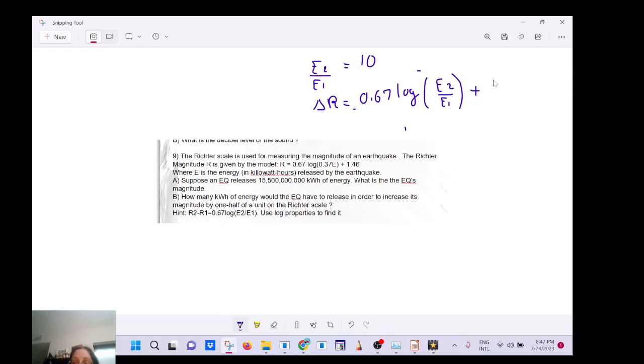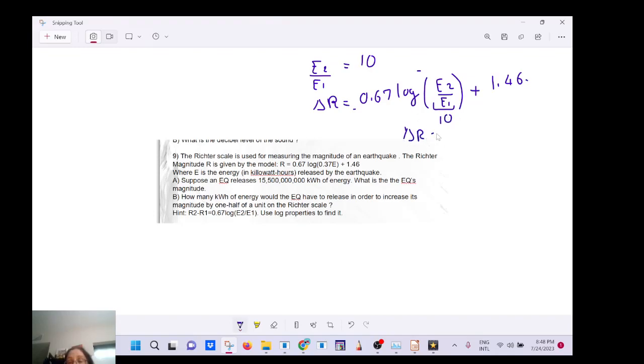And here I have plus 1.46. So if this is 10, log of 10 is 1.